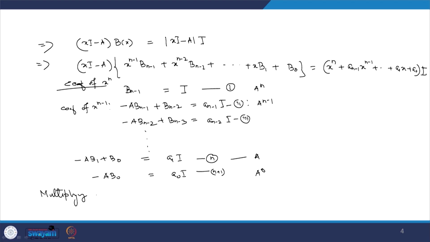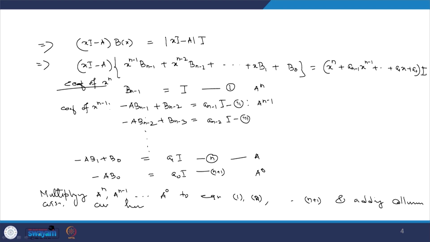So, multiplying equations 1, 2 up to n plus 1 by a to the power n, a to the power n minus 1, up to a to the power 0, and adding column wise, what do we have? I am multiplying from the left side, please.